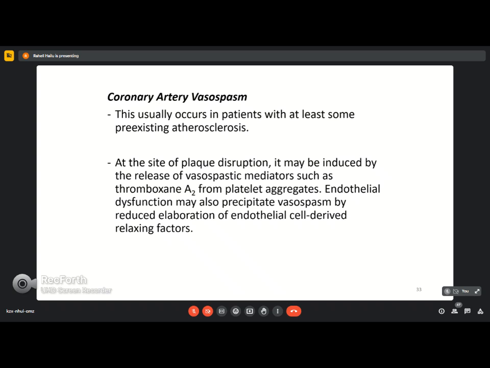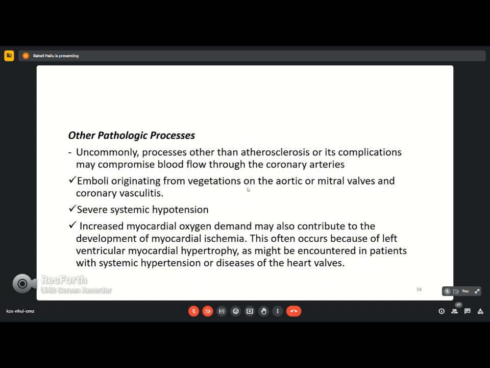The vessel becomes acutely constricted, and it can cause obstruction and then ischemia. Other pathologic processes that we expect are emboli originating from vegetations in the aortic or the mitral valves.